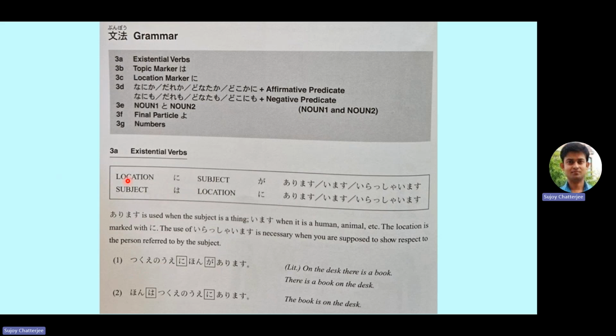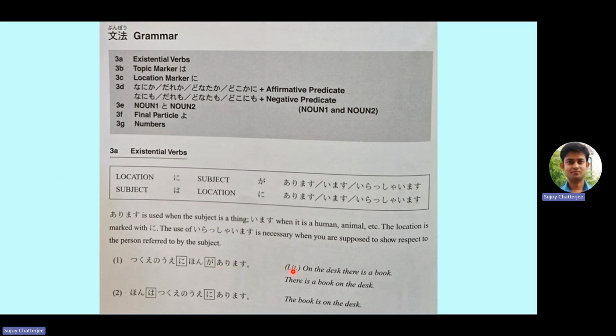So location ni. That's why tsukue no ue ni. Subject is hon, which is book. Then ga will be there as per the rule, ga particle, ga arimasu. Since this is an inanimate object, book is an inanimate object, so it will be arimasu. It will not be imasu, it will not be irasshaimasu, it will be arimasu.